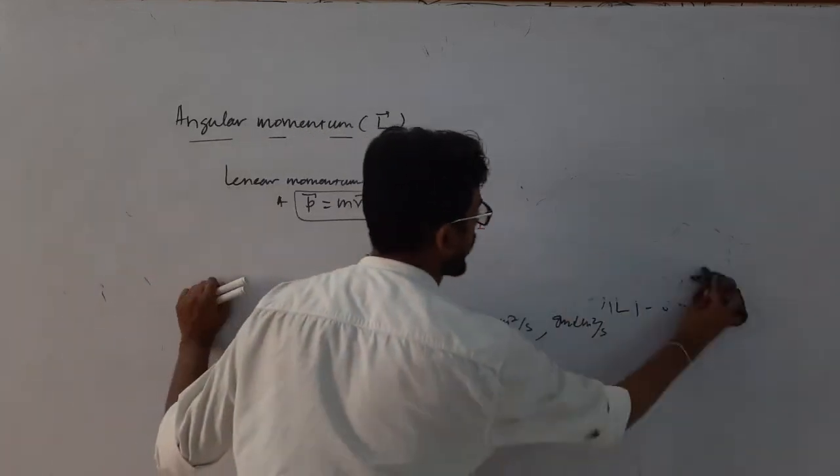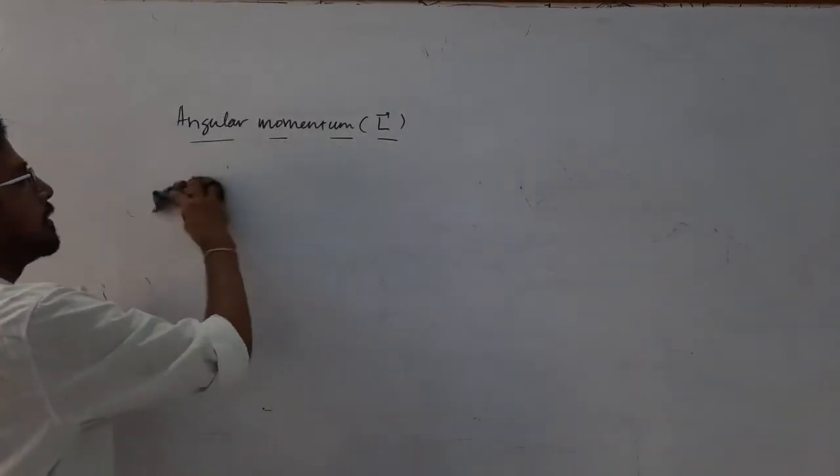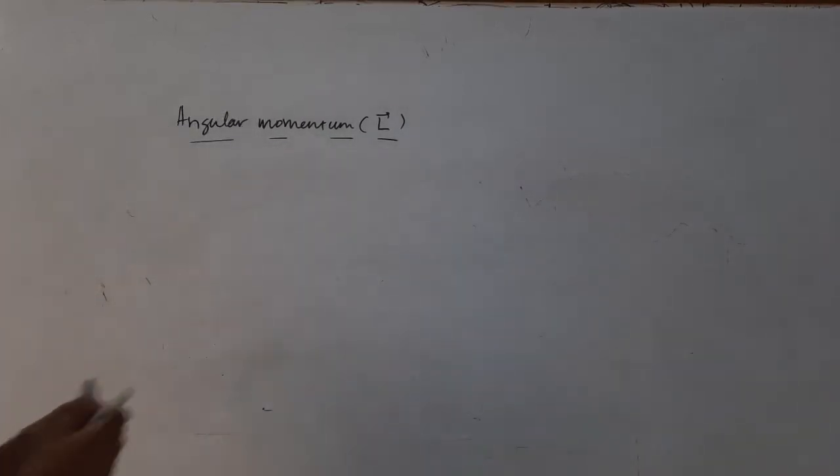So how to find out the angular momentum of a rigid body? Same as that of linear motion.